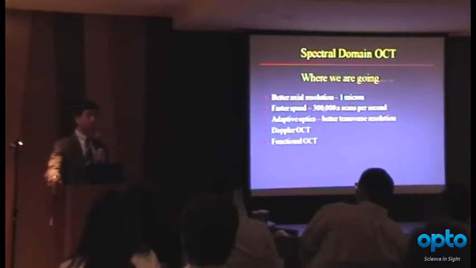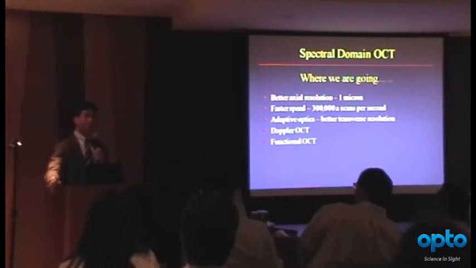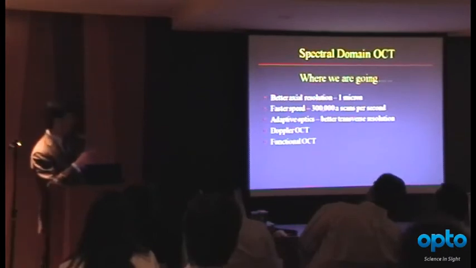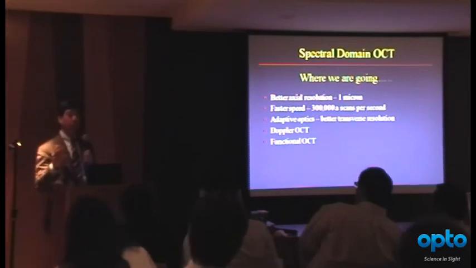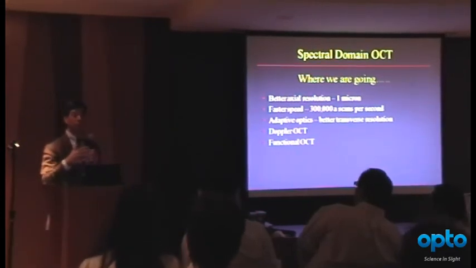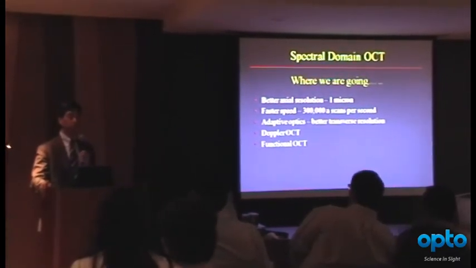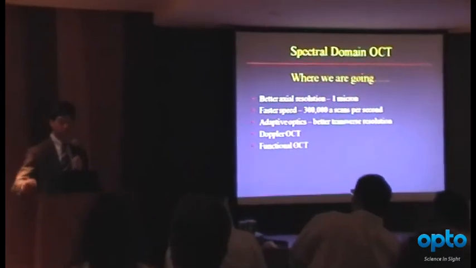You'll also be able to have a tracking system without having a true tracking system, because the machine will work so fast that any small eye movements, even movements from the beating of the heart, can be averaged out at that speed. Adaptive optics is a system that you may hear a little bit about shortly, but adaptive optics is a system to improve transverse resolution, and this can be applied to any optical system.